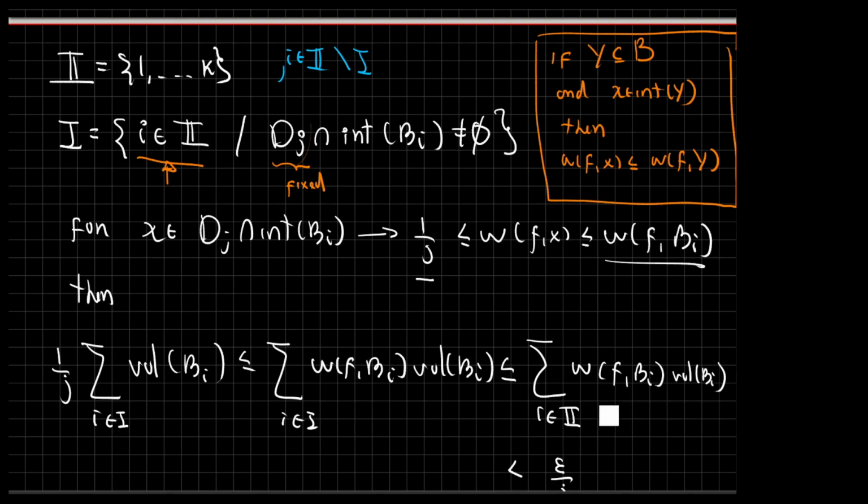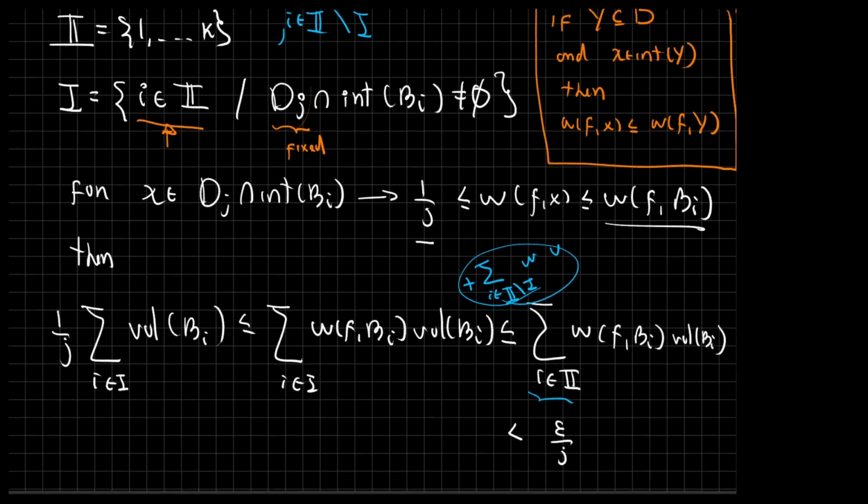Then if we sum this set by this other set with the oscillations times the volume, this is less or equal than this set summed by this other series, so we can complete the whole summation.